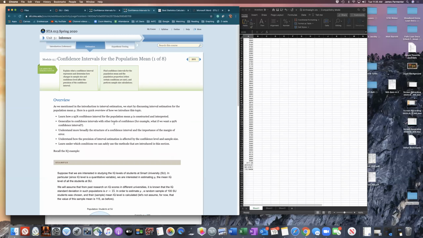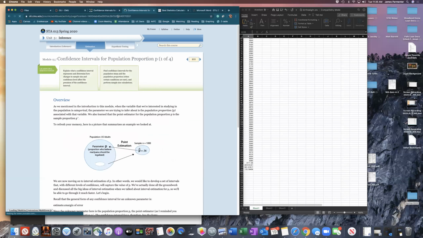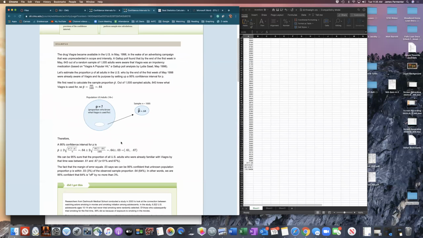All right, back to the problem we were looking at. Sorry, I got real caught up on that. So if we look back at the next page here, the way they calculated this was they just did your sample proportion, p hat, which is 0.64, plus or minus your z-score, which I guess is 2.